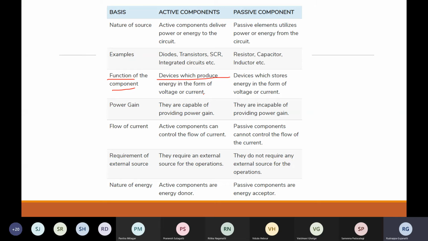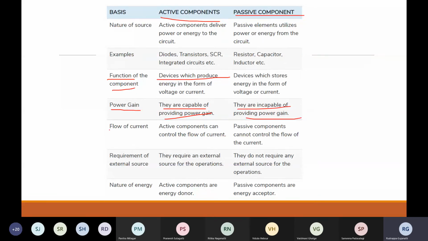They store or dissipate the energy in the form of voltage or current, that is, indirectly, in the form of electric or magnetic field. So these are a few things to note down. Then power gain: you will be able to obtain power gain in active components, whereas passive components will not be able to obtain power gain.